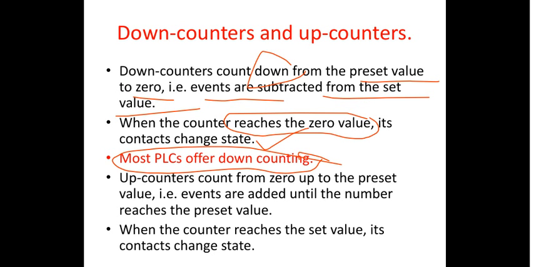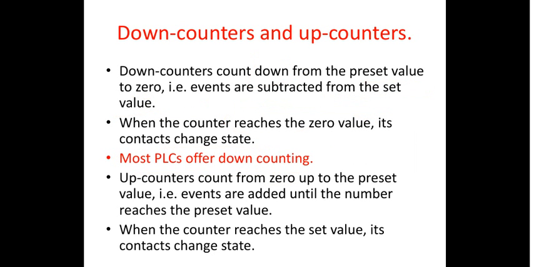When the counter reaches the set value, the contacts change their state. So this is the meaning of the up counters and down counters as used in the PLC scenario, right? Now after having seen this, let us try to look into some diagrams here.